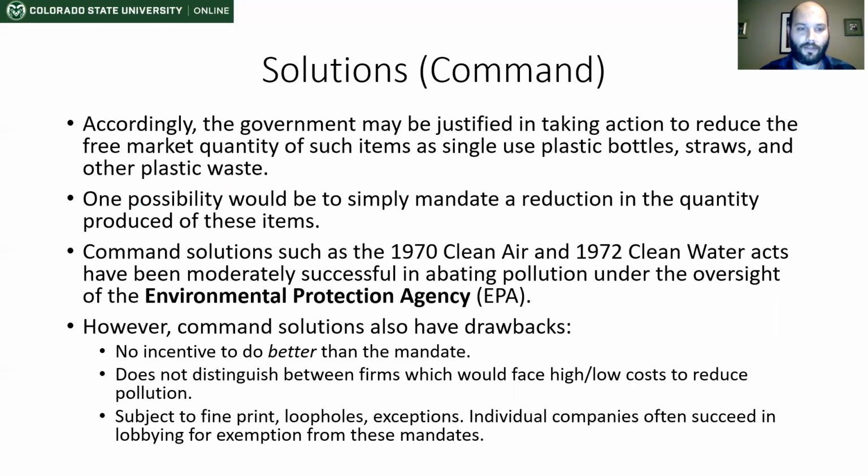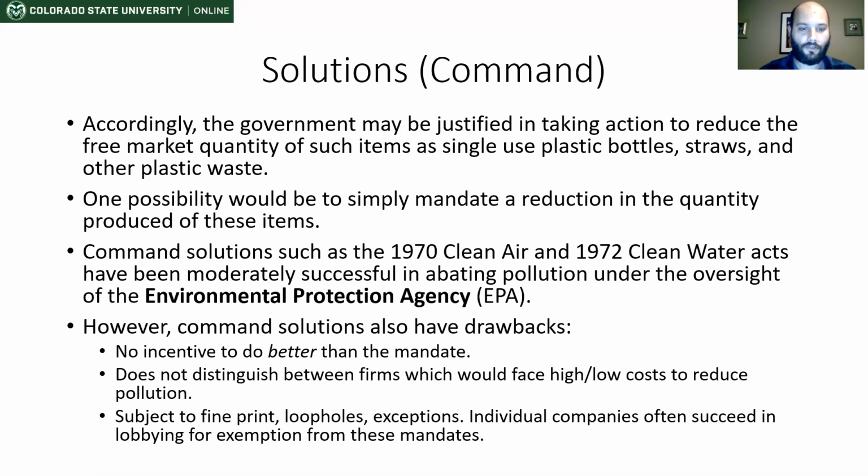And one possibility could be to simply mandate a reduction in the quantity produced of these items. For instance, you could either put a quota in place and say, all right, no more than this can be sold in the United States. Or you could put some sort of tax in place on the producers of these types of goods.